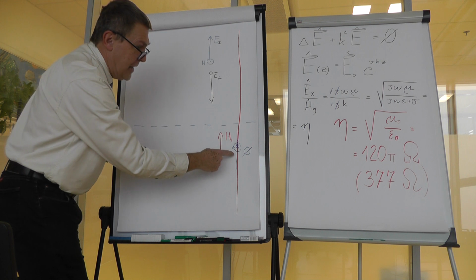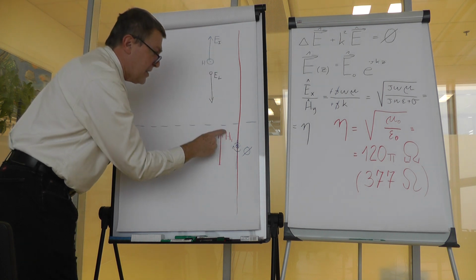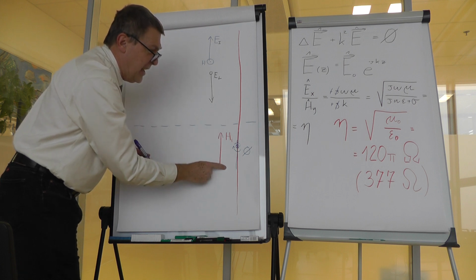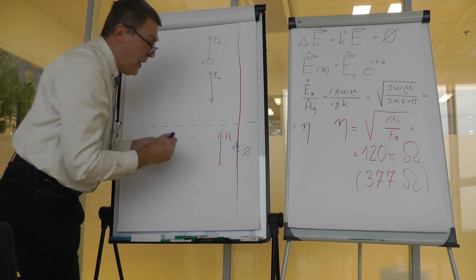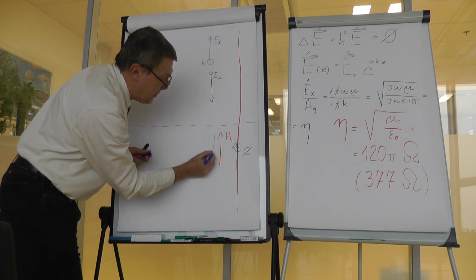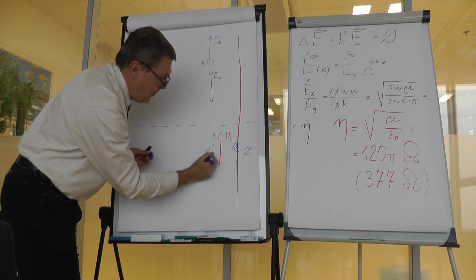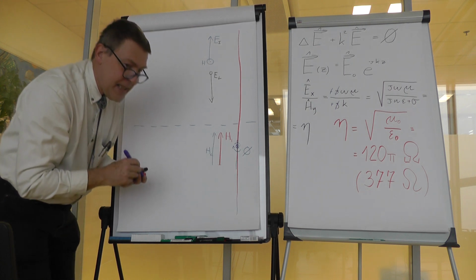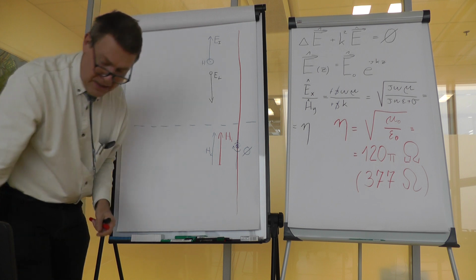But in fact, it would create the same H with the same direction of a reflected wave. So it seems that the wave that reflects back, H reflected, is of the same magnitude and of the same direction as the incoming wave.